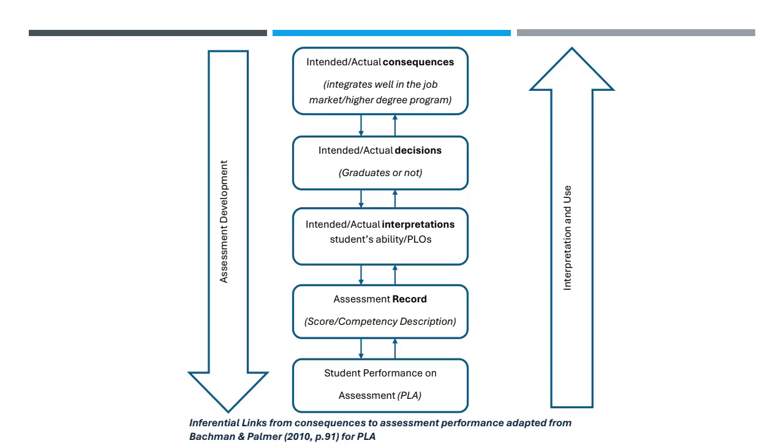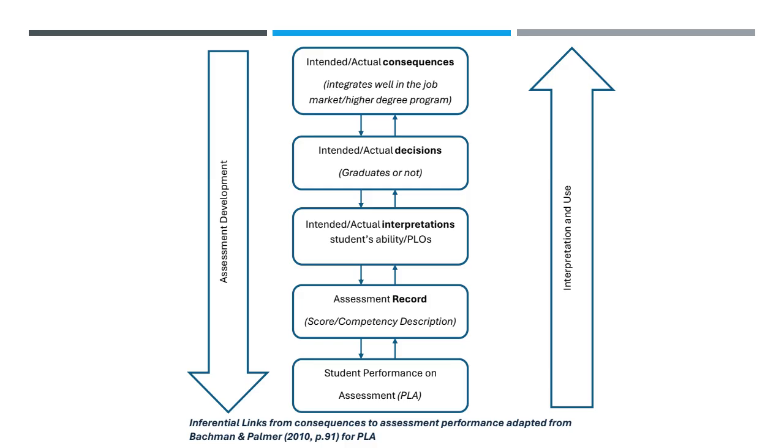The first stage is the student's performance on a task. Based on that, we give them a result, a mark. It can be a score or a competency description. Based on that record or assessment result, we are making our first inference. We are making interpretations: the student has demonstrated a certain ability.